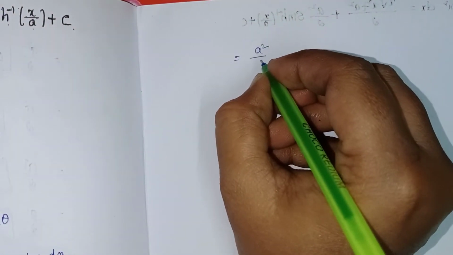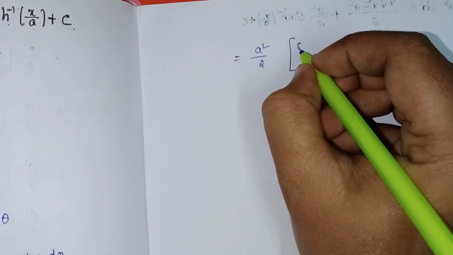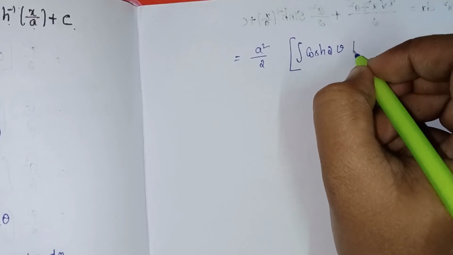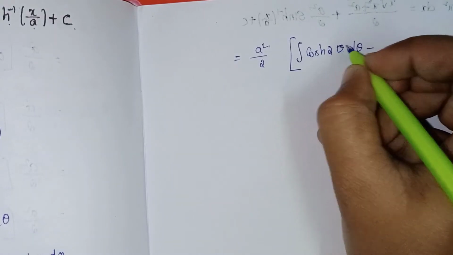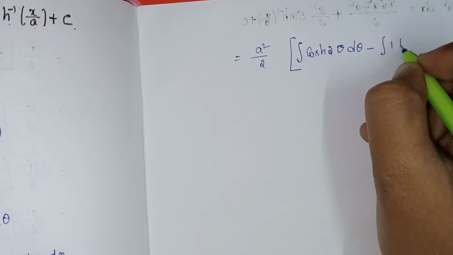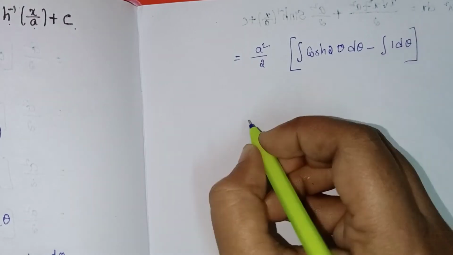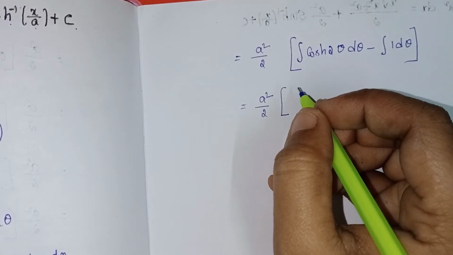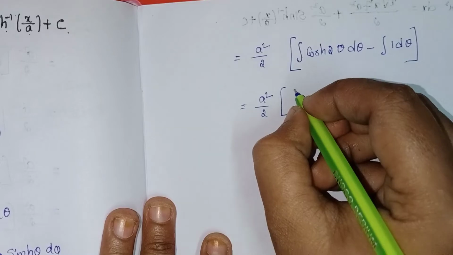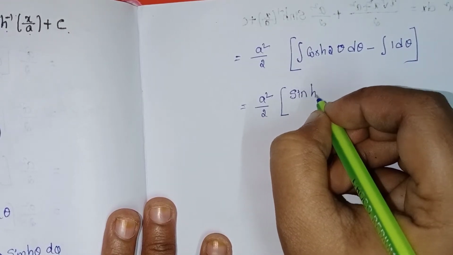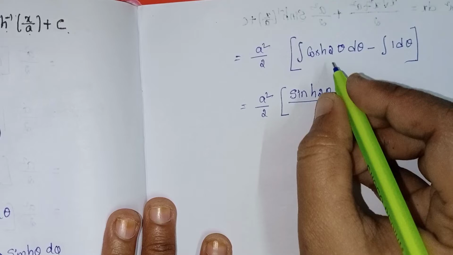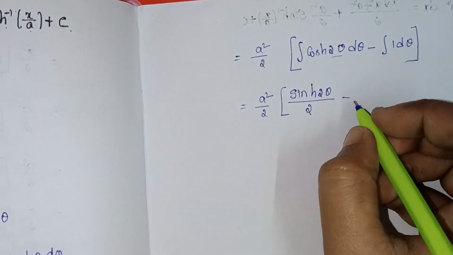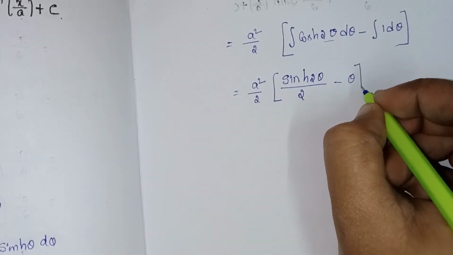Now you can write the integral separately. a square by 2 into integral cos h 2 theta d theta minus integral 1 into d theta. Okay, a square by 2 into integral cos h 2 theta d theta is sin h 2 theta. Here in the place of theta, 2 theta is there, so divide by 2, minus integral theta d theta means theta.